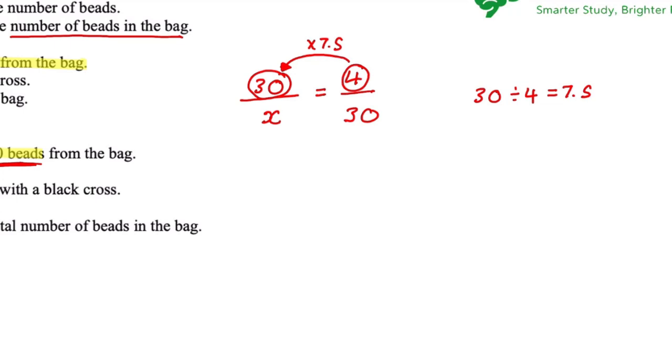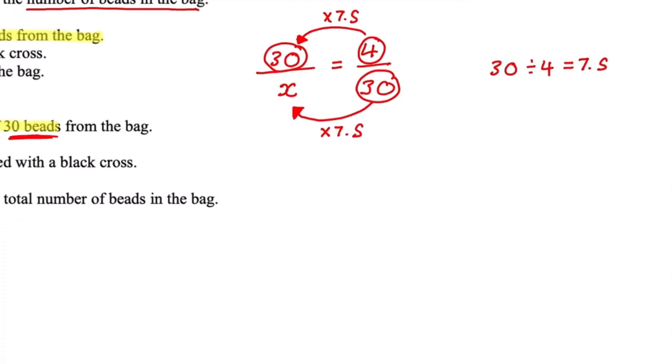Now once we've multiplied by 7.5 on the numerator, what are we going to do on the denominator? Because it's equivalent fractions, we have to do the exact same thing on the denominator. So to get from 30 to x, because we are going the same way, we also multiply by 7.5.